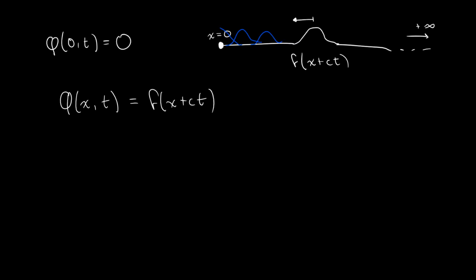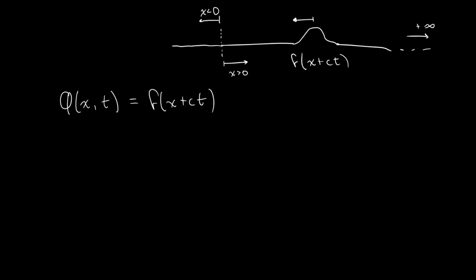So what we'll do is, instead of cutting the string in half, I'm going to extend this string back to x equals infinity, but do so in a way that whatever I have on the x less than 0 piece is always going to exactly cancel what's going on at x greater than 0.